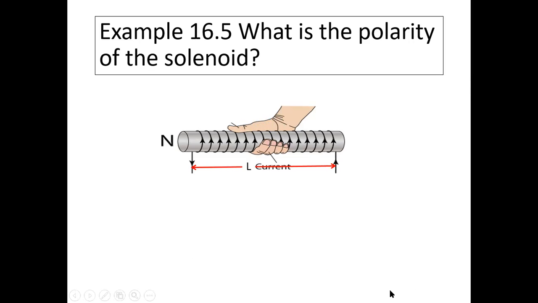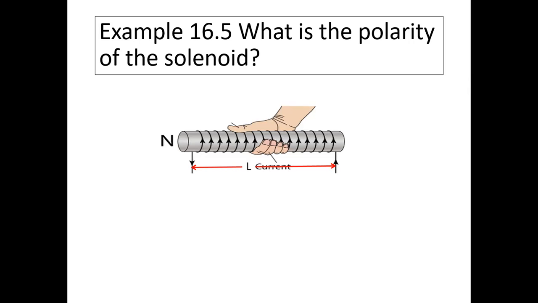Okay, calculate for me your small n, number per unit length. How to calculate that? Go and count. Imagine this is one loop there. What is your small n?